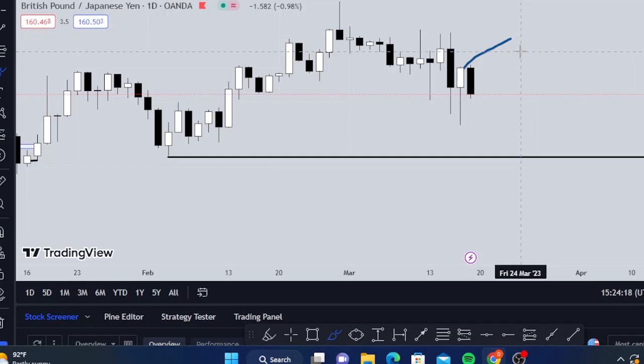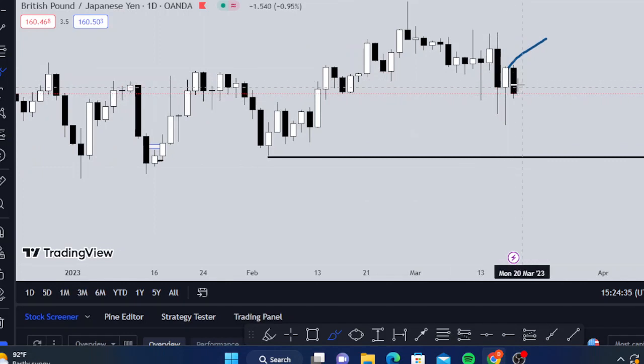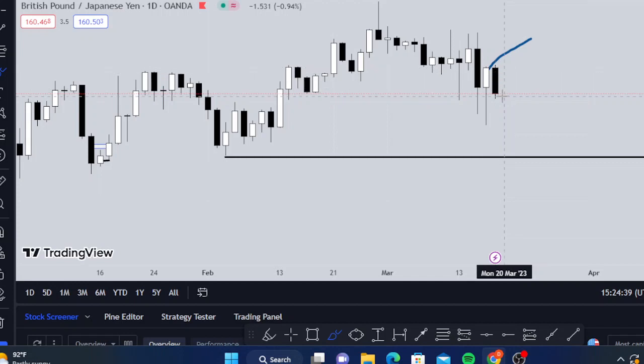So when this type of candlestick is formed, maybe during market close, if you see this type of candlestick during market close, what you are expected to do as a trader is to have a mindset that this thing is going to fill the wick. You understand? Although this is Friday, it has filled it with one candle.